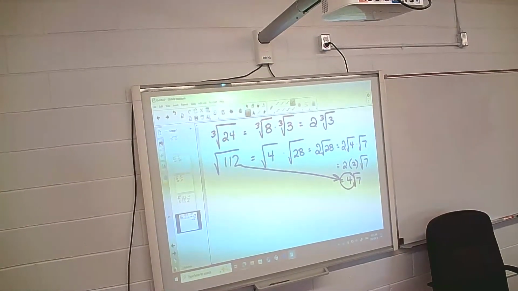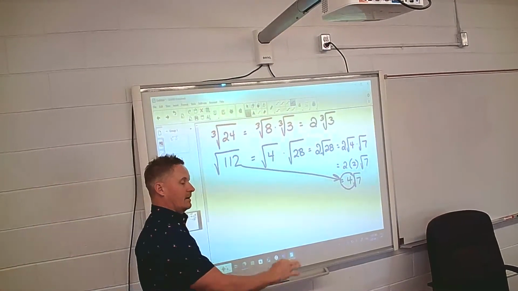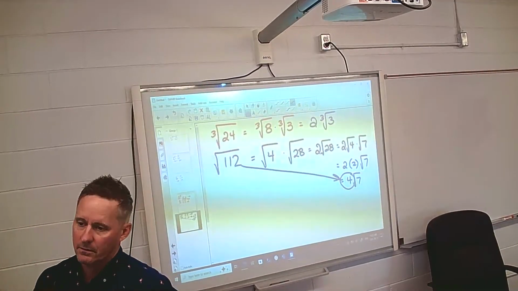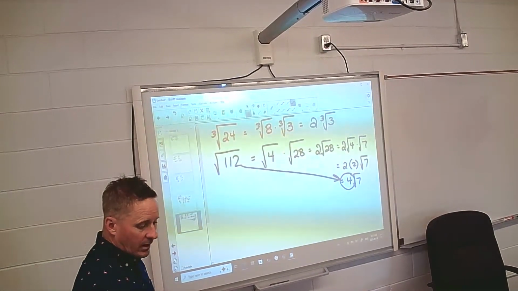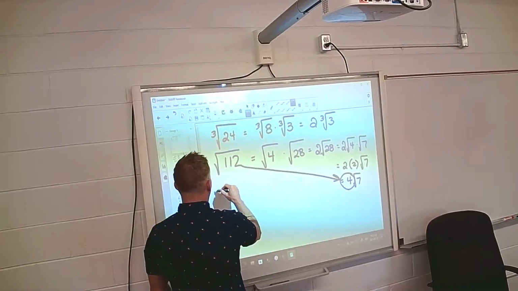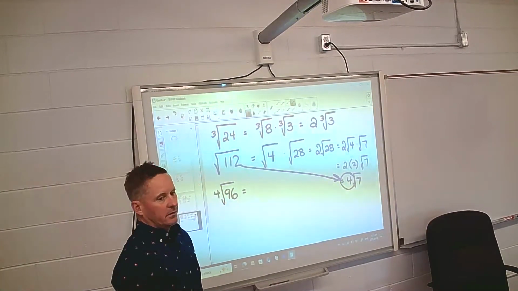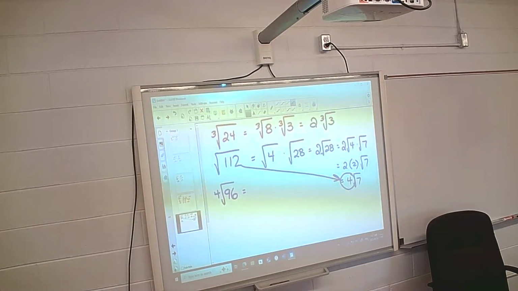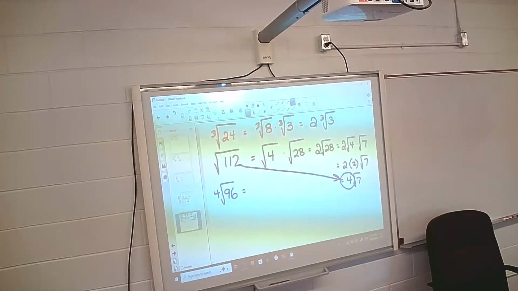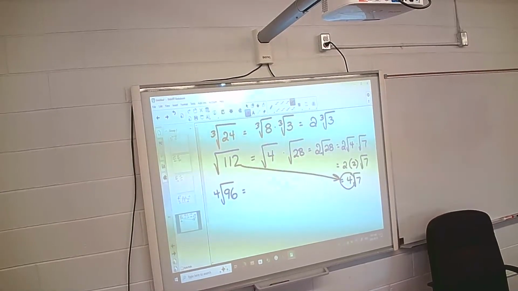Now I'm going to finish this, and then I'll come back to that exact question on the next page. The next one is the 4th root of 96. So what number do we know has a 4th root?